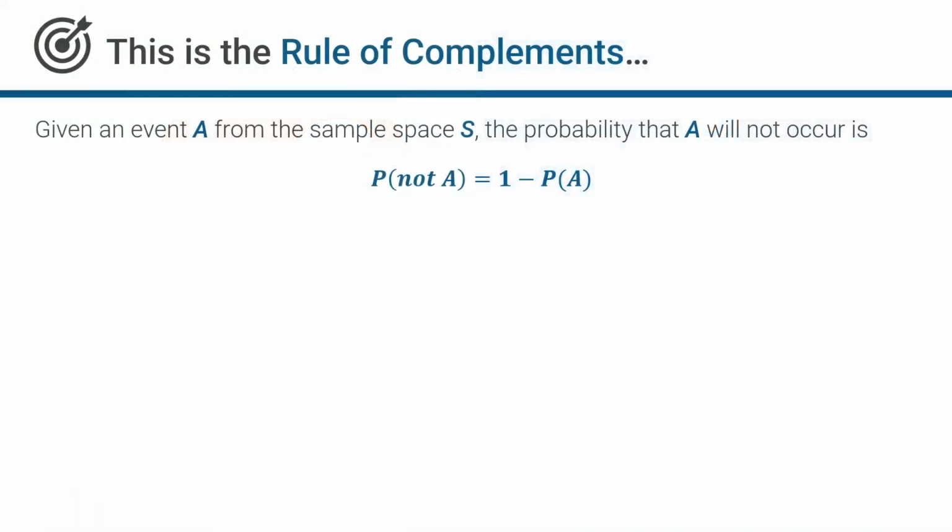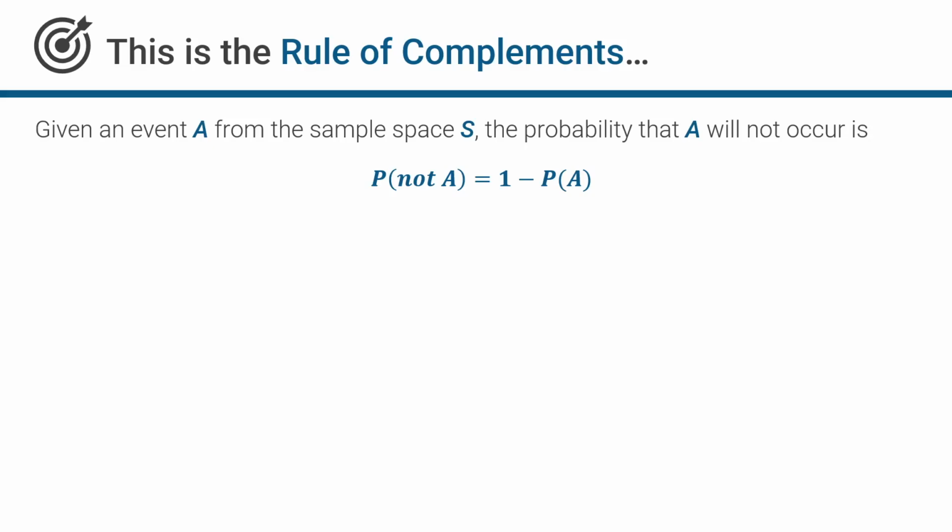Given an event A from the sample space S, the probability that A will not occur, the probability of A complement, is equal to 1 minus P of A. Now we know that the total probability of everything within the sample space is 1, or the probability of the whole sample space is equal to 1.